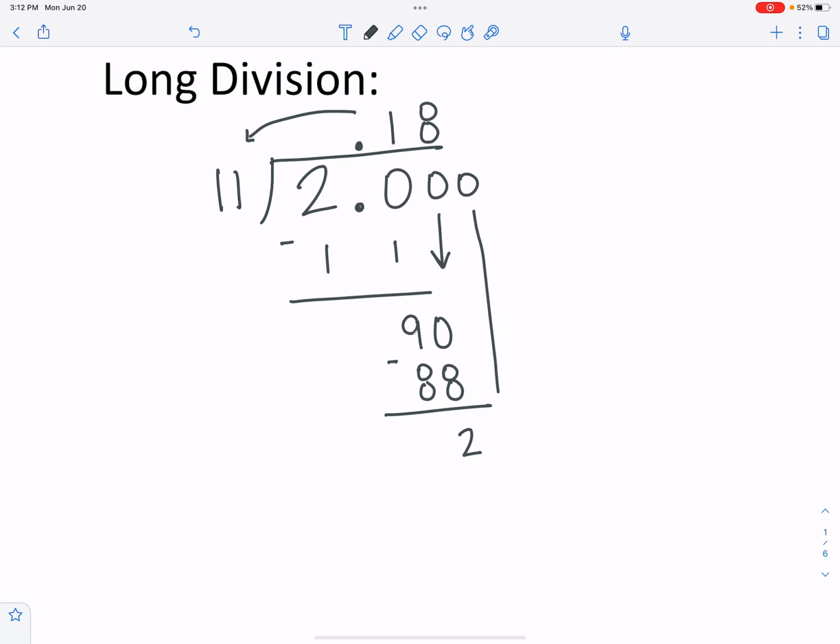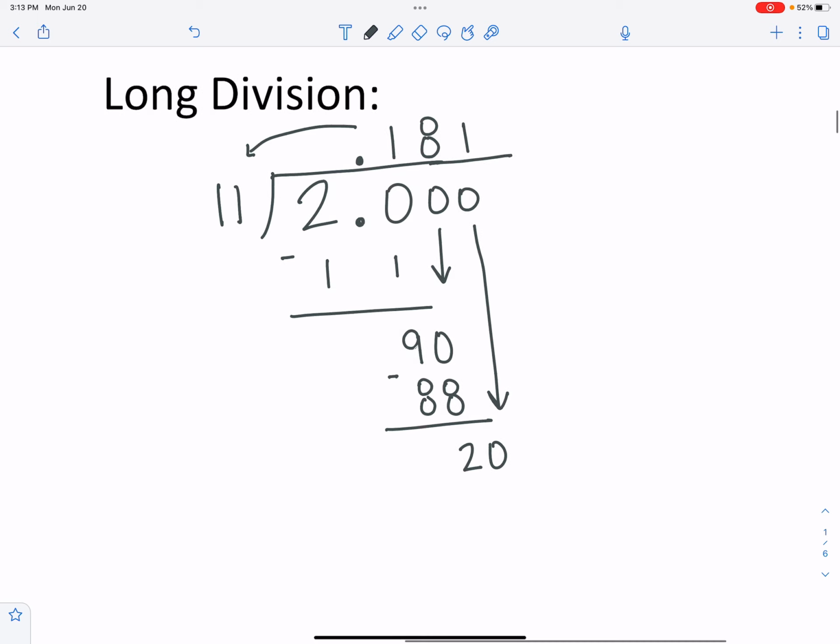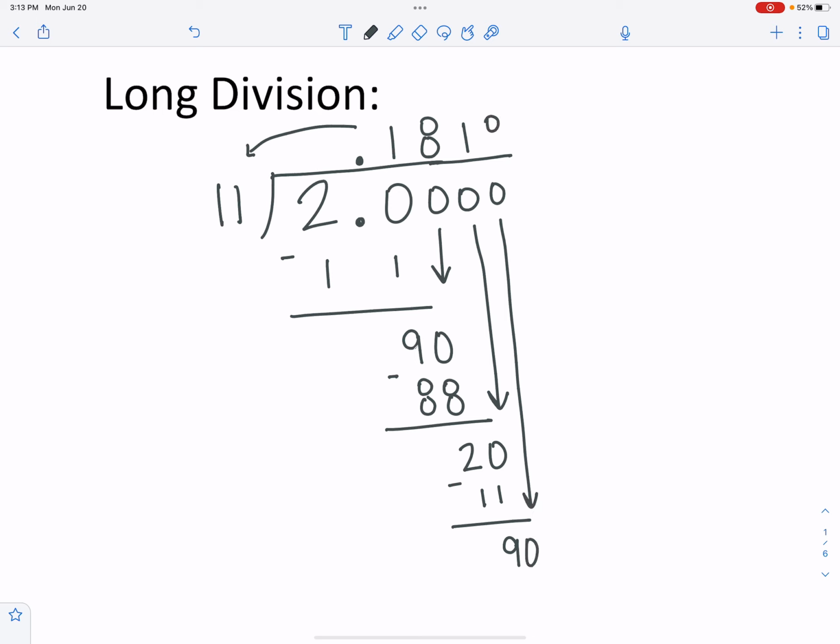Add a 0, carry it down. So now I've got 11 going into 20. Same thing, 11 goes into 20 1 time. 1 times 11 is going to be 11, and subtract to get 9. You're probably starting to see the pattern by now. 11 goes into 90 8 times. 8 times 11 is 88.